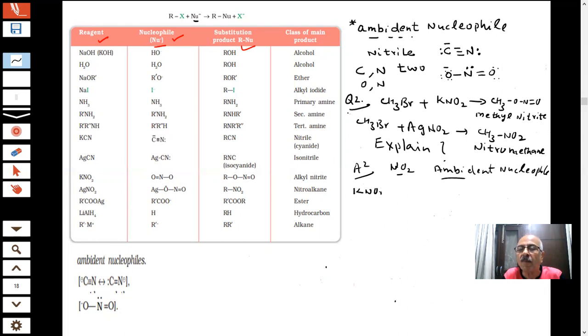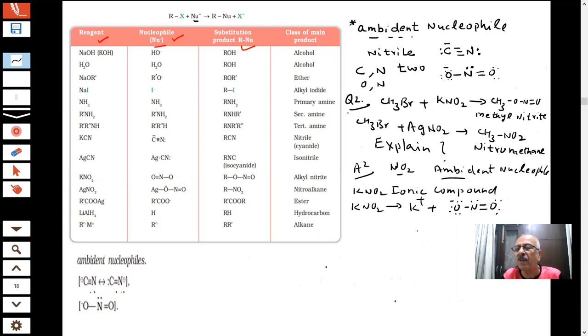KNO2 is an ionic compound. Ionic compounds are those which dissociate into ions. What ions are being produced here? O-N double bond O. There is a lone pair of electrons on the oxygen also.